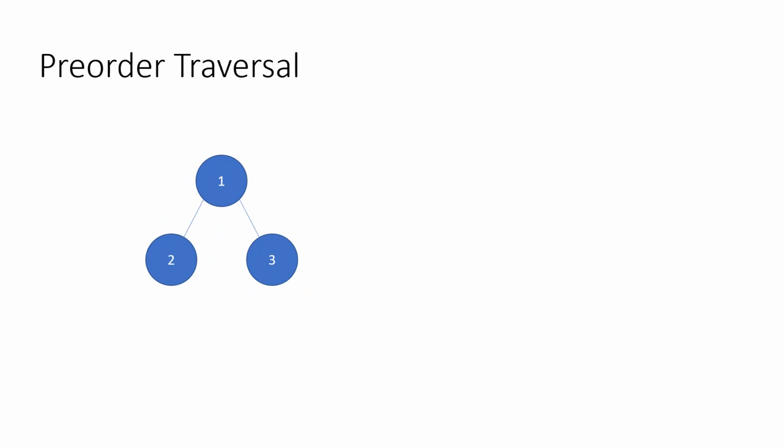So what changes for pre-order traversal? It will be based on the location of some of the dots. For pre-order traversal, the dots that will be used are going to be on the left side of the node.